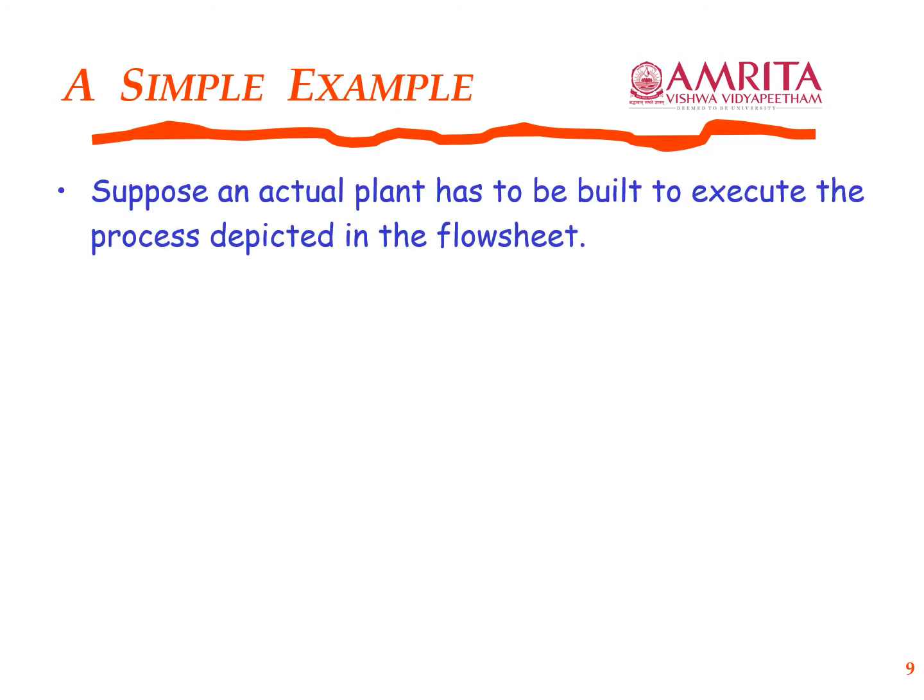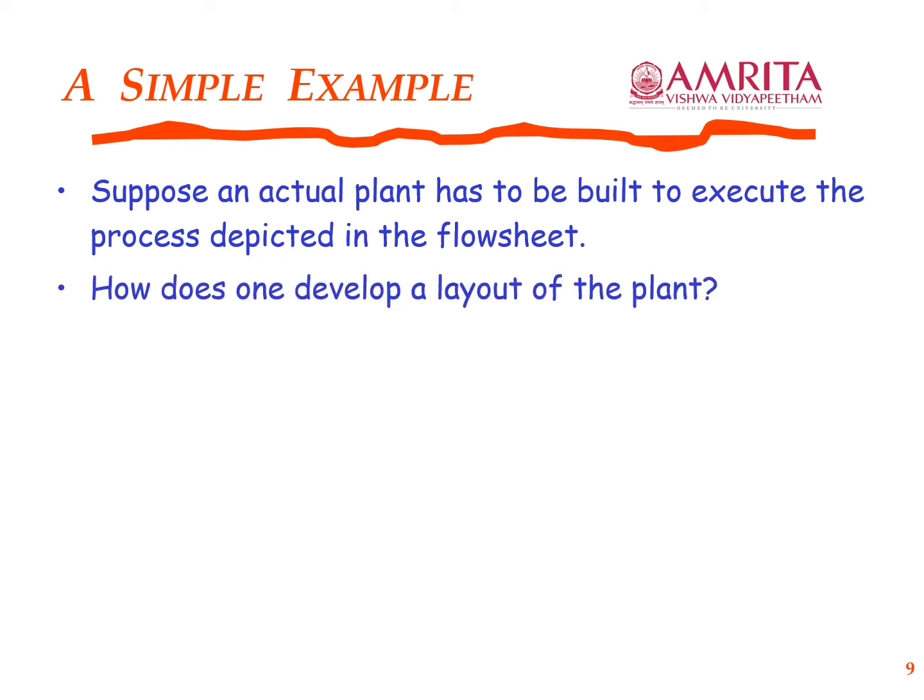Suppose you have to build an actual plant to execute this process depicted in the flow sheet. You saw those 4 units in the simplest flow sheet. An actual chemical industry is far more complex, but fine. So how do you develop a layout of the plant? You will probably need some thought process in terms of which equipment to keep close to each other.